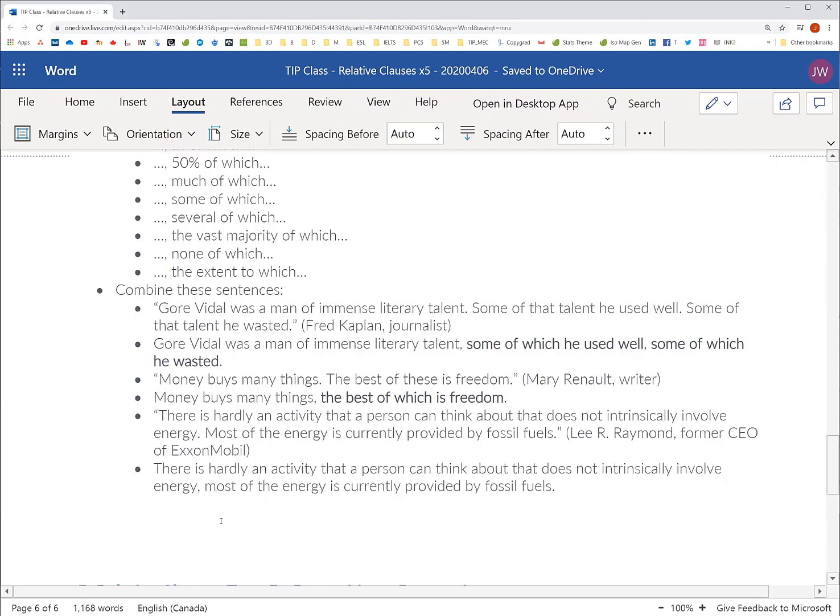Most of the energy. See, what's being repeated here? We've got energy, and then we've got energy again. So we want to get rid of that. Most of which is currently provided by fossil fuels.